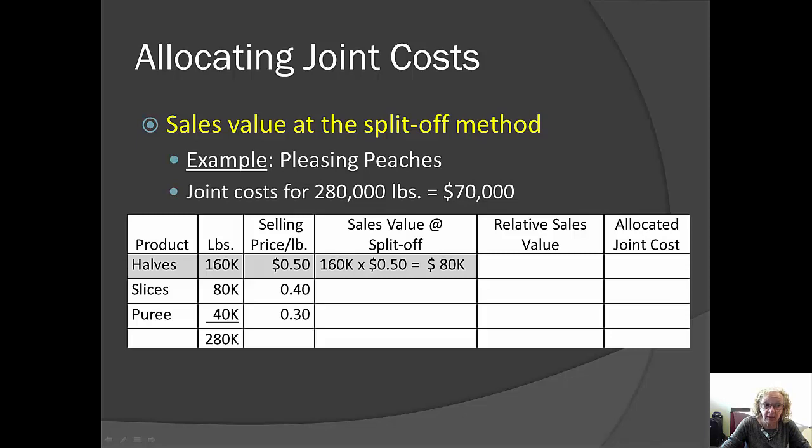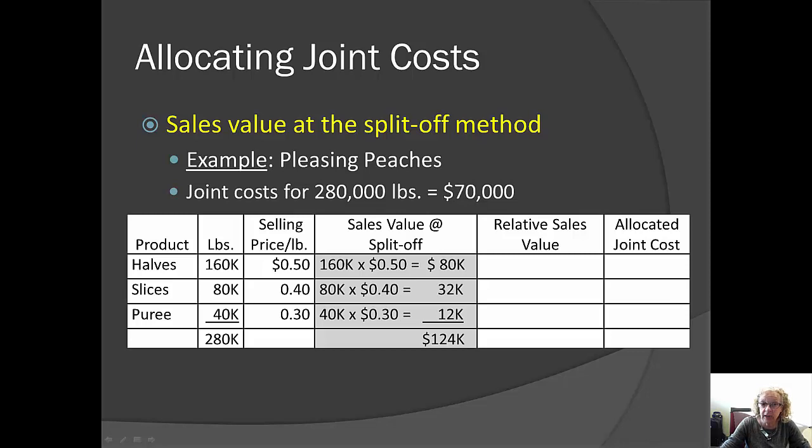We can do the same thing for peach slices, 40 cents a pound times 80,000 pounds. And we can do the same thing for peach puree, 30 cents a pound times 40,000 pounds. If we add up the sales revenue from all three products, that gives us our total sales revenue.